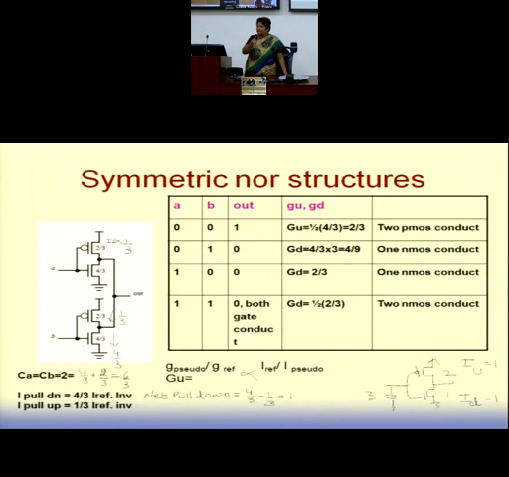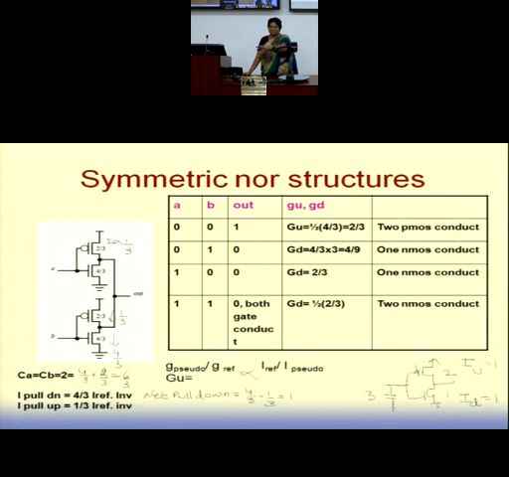The drive capability is not reaching 1, so G is coming out to be a high value. That means for a symmetric logic gate for the pull-up transition, for the 0-0 combination, your G is a high value. It is bad. This gate is bad in comparison to the standard gate. The value comes out to be 3 by 2.